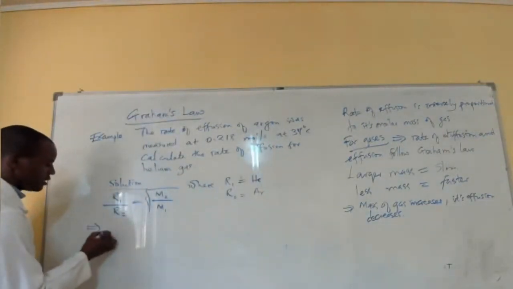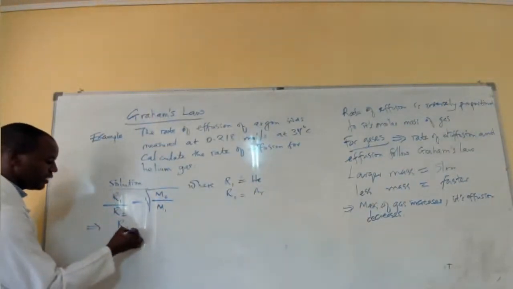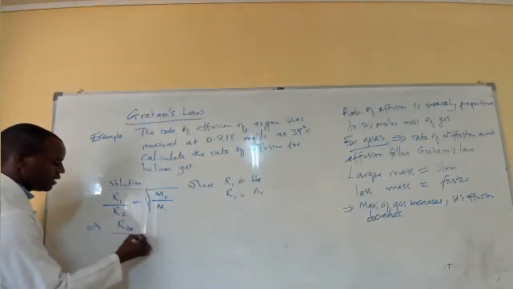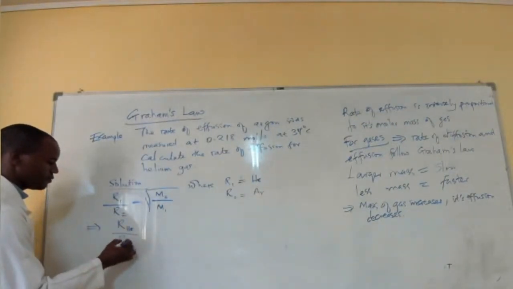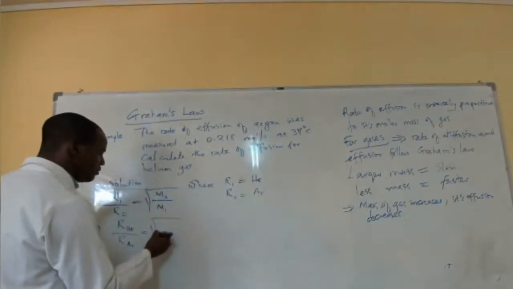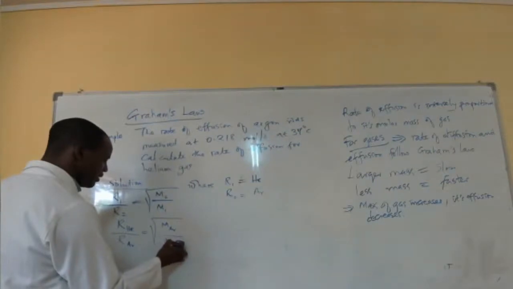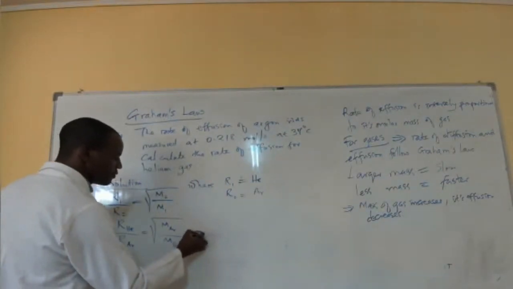Therefore, this means that we'll have rate of helium over rate of argon is equal to the square root of the molar mass of argon divided by the molar mass of helium.